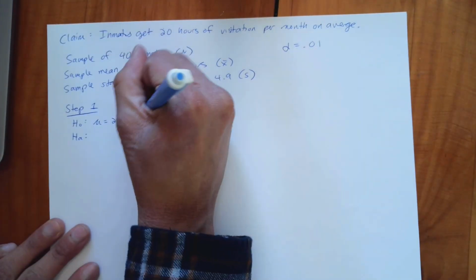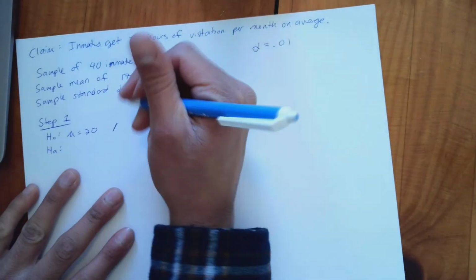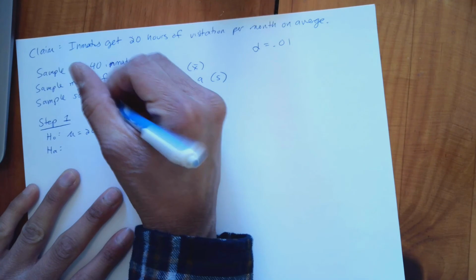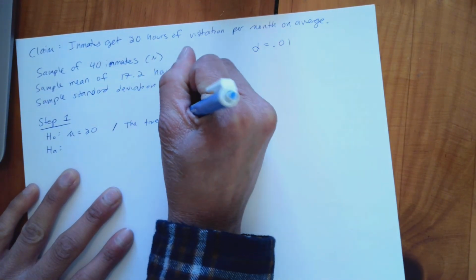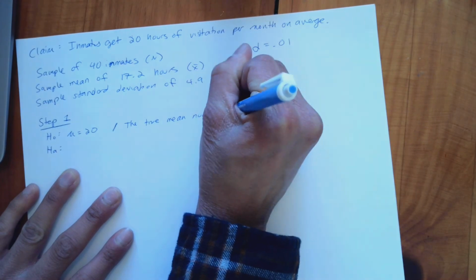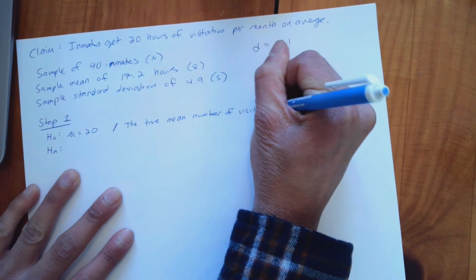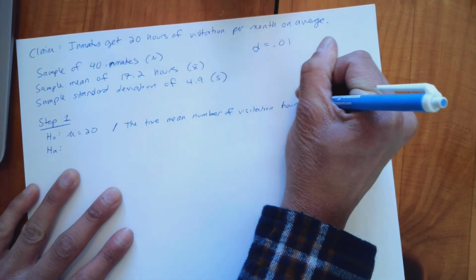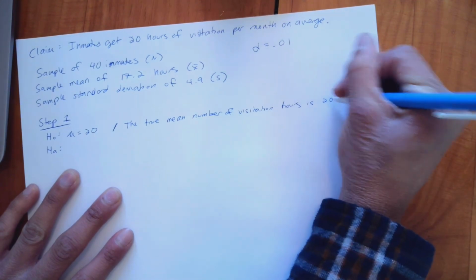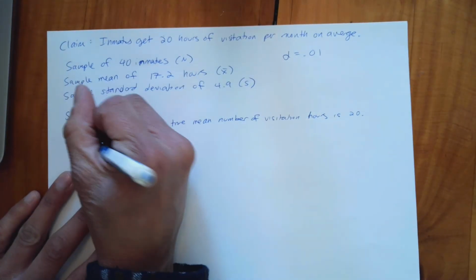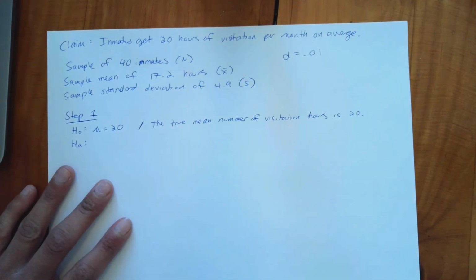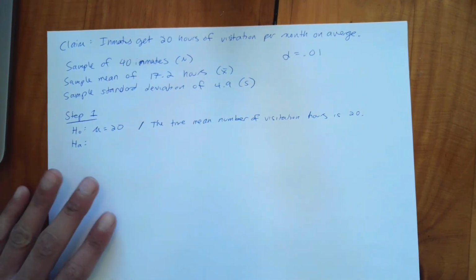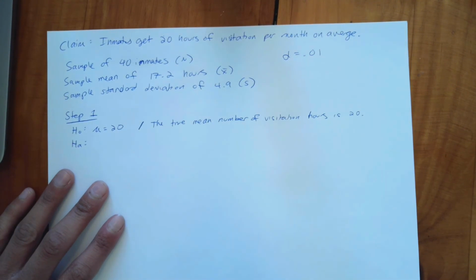And so another way you could write this would be the null hypothesis is that the true mean number of visitation hours is 20. The alternative hypothesis is, again, just going to be the exact opposite of your null hypothesis, and it's what would be true about the world if you were to reject the null hypothesis.